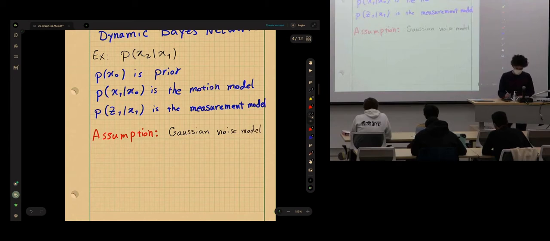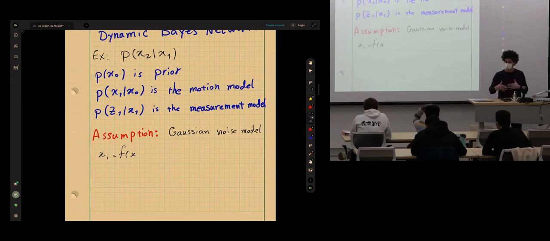And by that we mean we have a transition model, a motion model. Xi is modeled using some function that describes the motion of the robot. That can be an IMU or a physical model for the robot or a kinematics model.